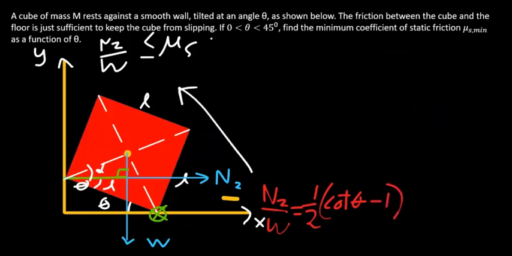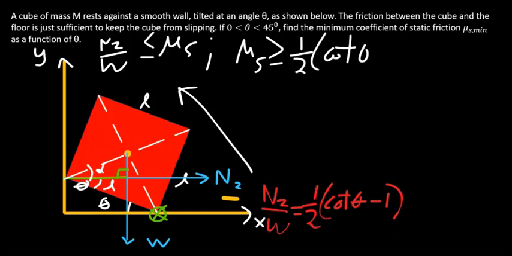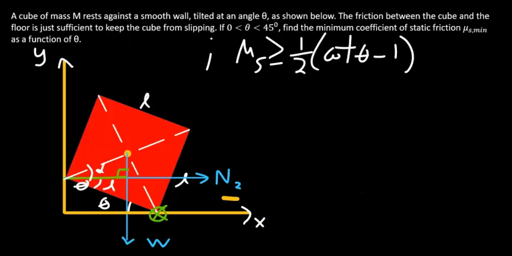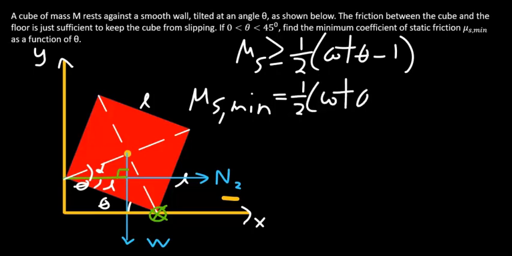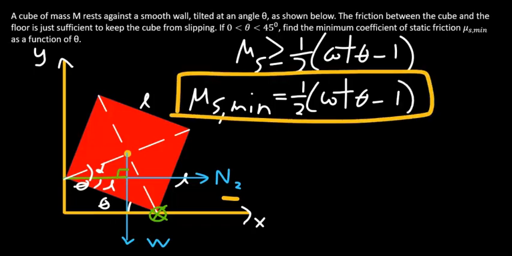Substituting in this inequality, mu sub s becomes greater than or equal to half cotangent theta minus 1. That enables us to answer the problem: the minimum coefficient of static friction is half times cotangent theta minus 1. And that is the answer we are looking for.